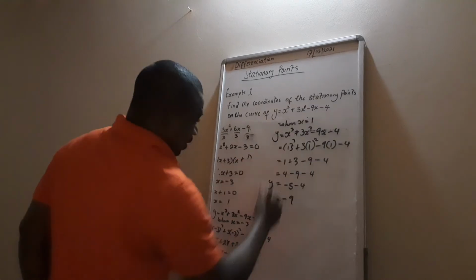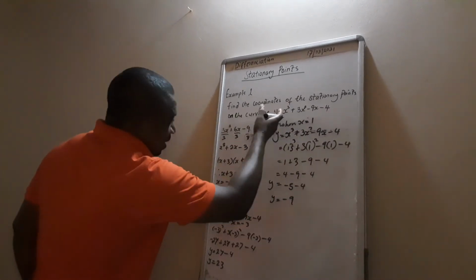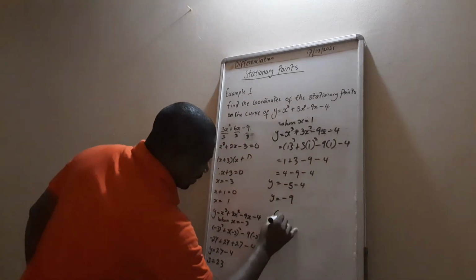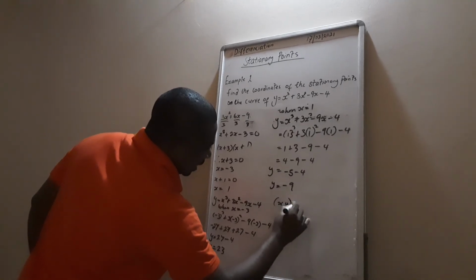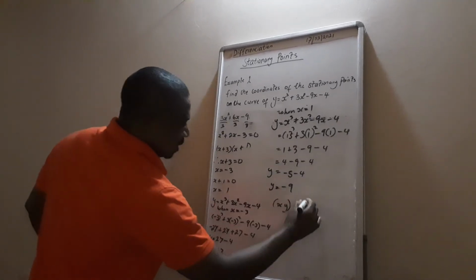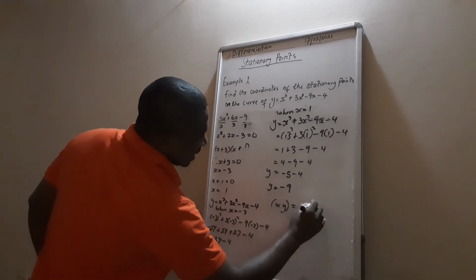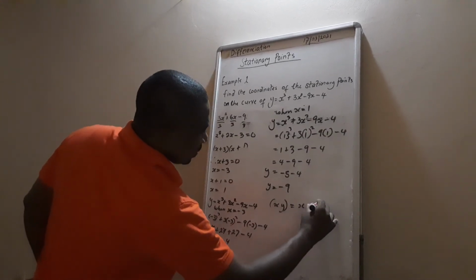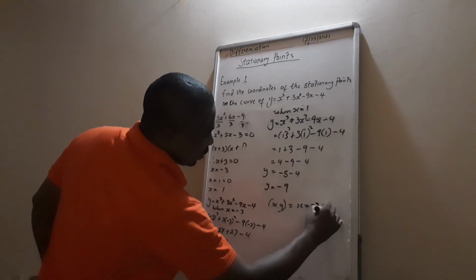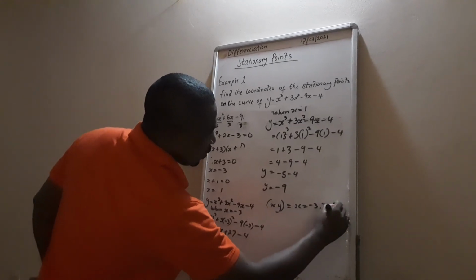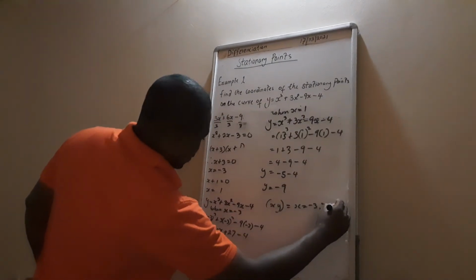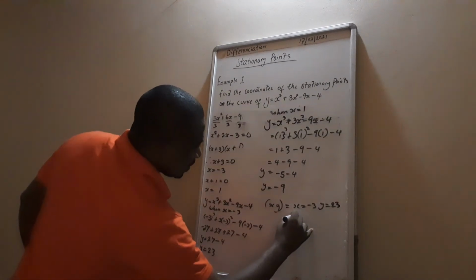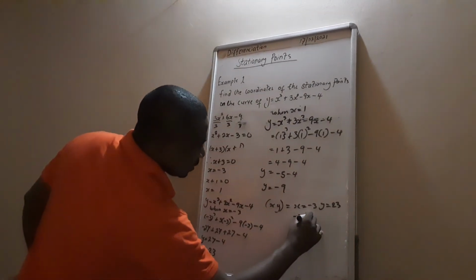So the stationary points of this problem, in terms of x and y, are as follows. The first one is when x is equal to minus 3, y is equal to 23, so that is (minus 3, 23).